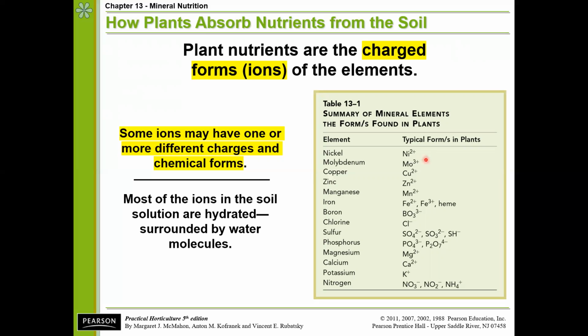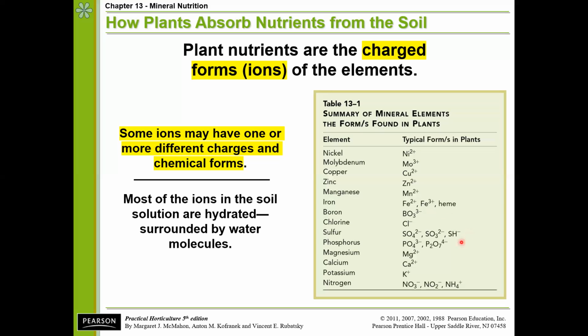So if it's positively charged, we consider that a cation. Negatively charged, it is an anion. And that plays a very important role in terms of how it sticks to particles in the soil and how it's able to be taken up by plants. And these different ions are really looking at how they are donating or accepting electrons as well.